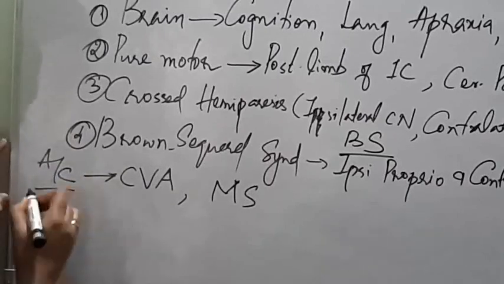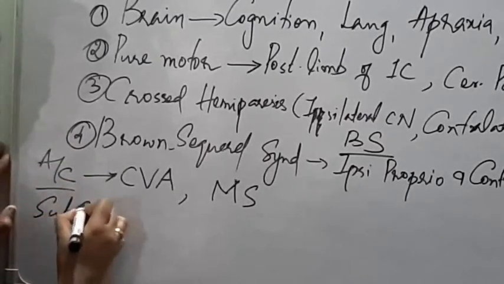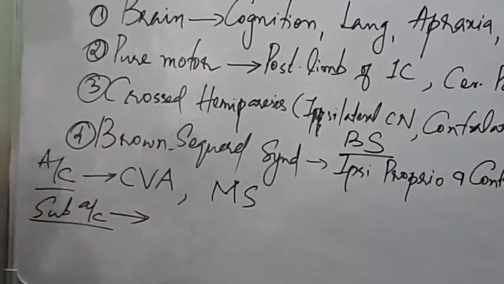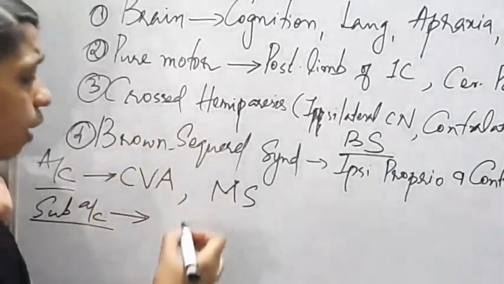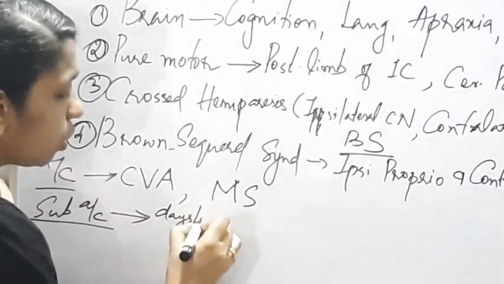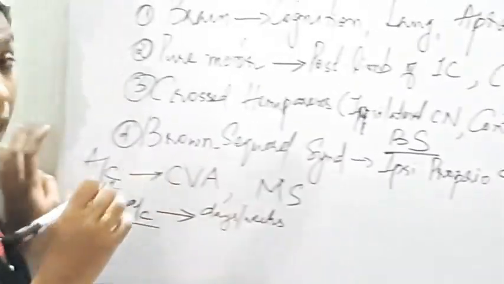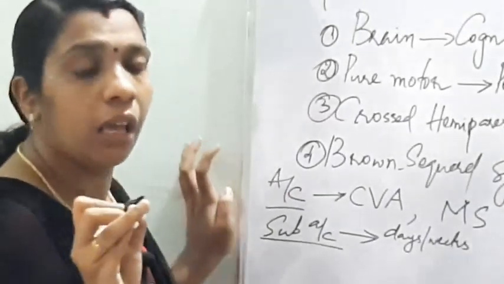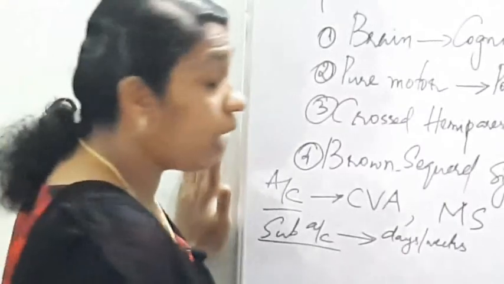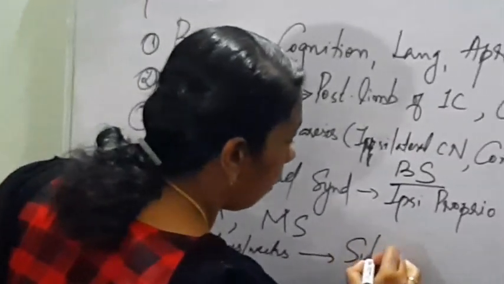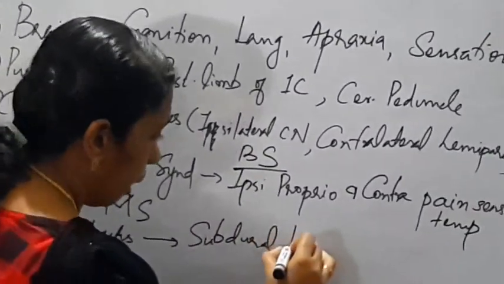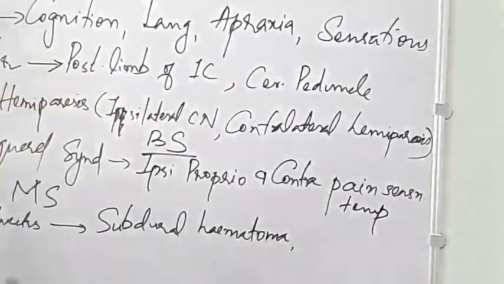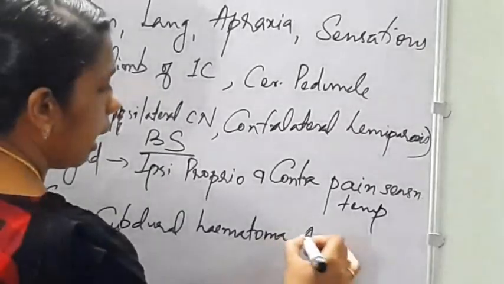If the hemiparesis is subacute, subacute means it evolves over days or weeks. Then the most important cause is hematoma, which is subdural hematoma, and it is also seen in infectious diseases such as HIV infection, in AIDS.